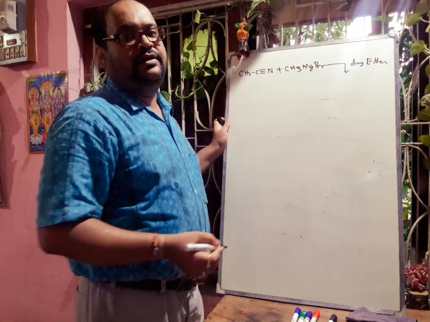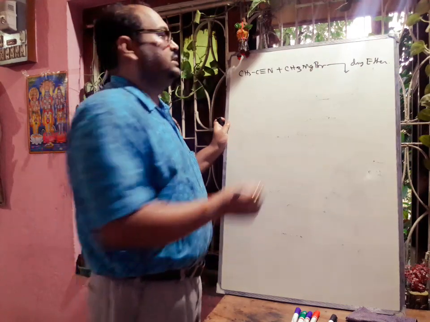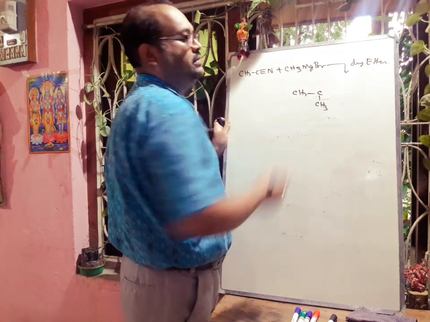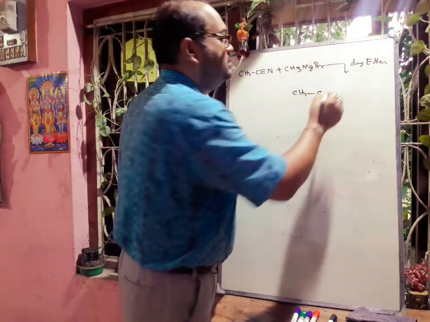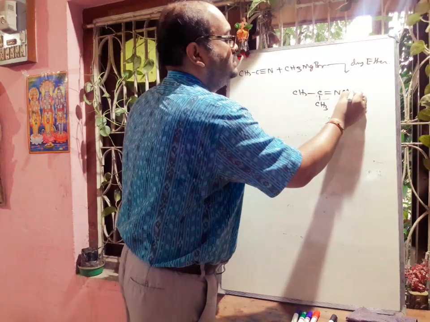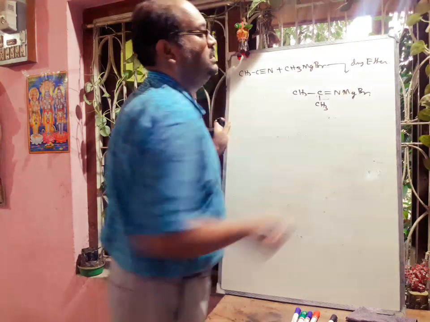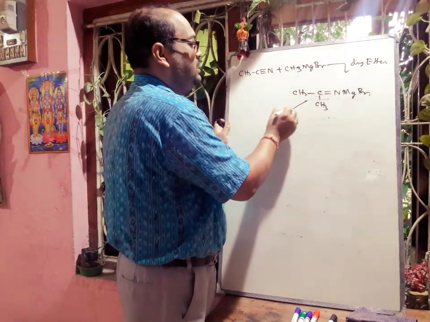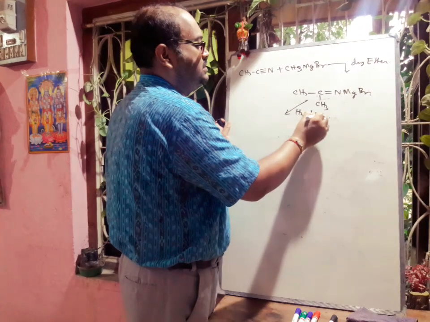Then from here we get CH3, C double bond NMgBr with CH3. Then we have to hydrolyze by using acid. Then we are giving H2O, H+.